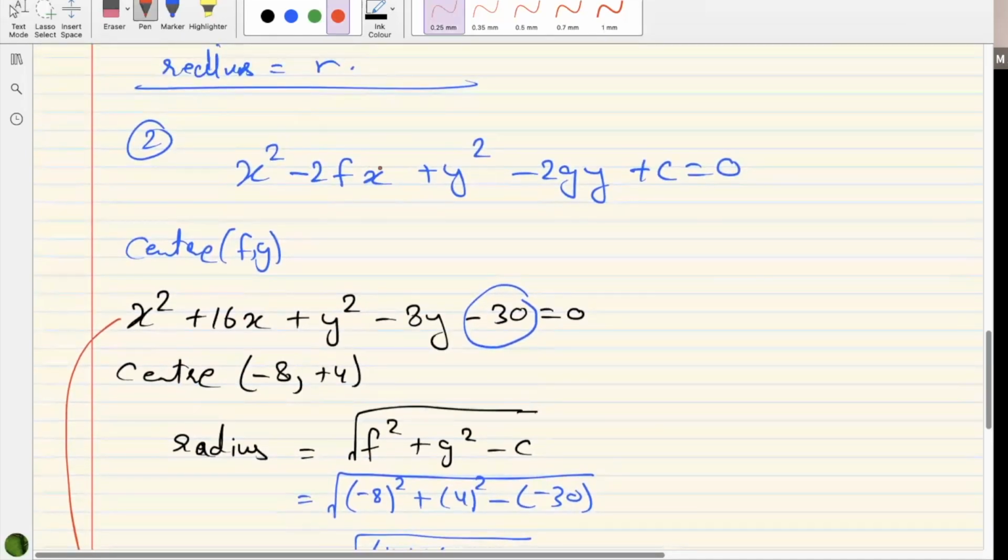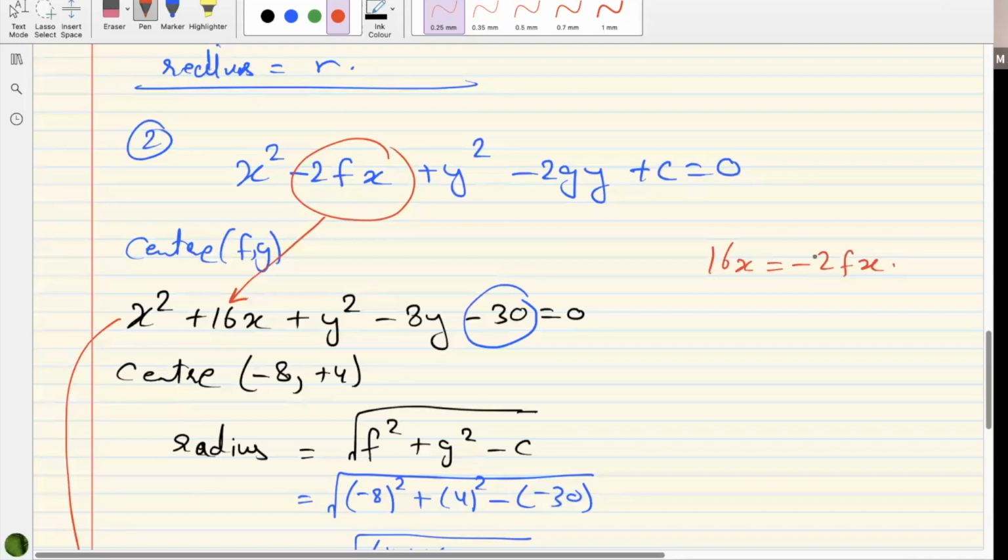Right here, whatever is with x in the main equation. So in this case, we had 16. If we compare these two, that means 16x is equal to minus 2fx. Because it is always 2, half of it, 16 equals negative 2f. And because of the negative sign, it is always half and sign change. So f is -8.